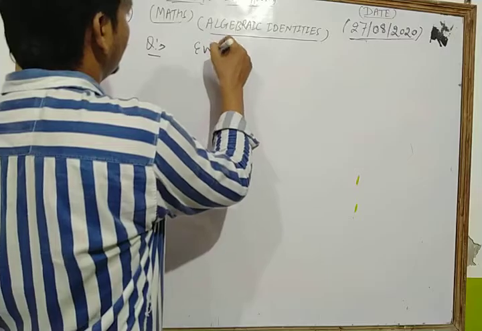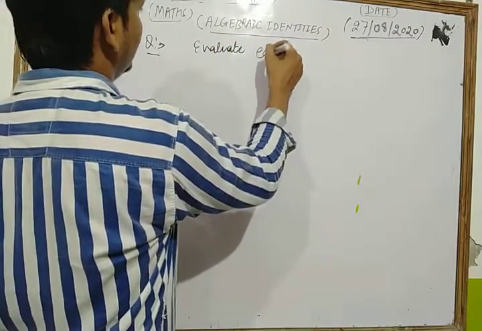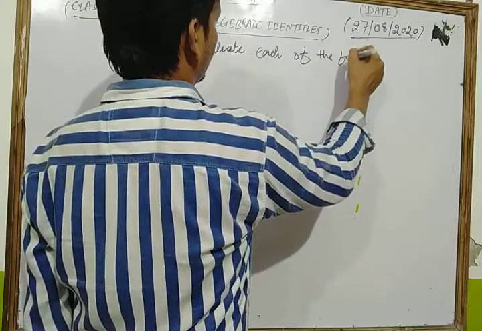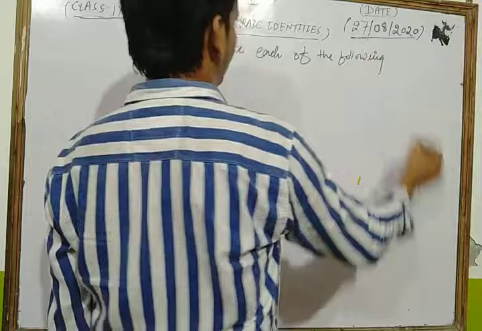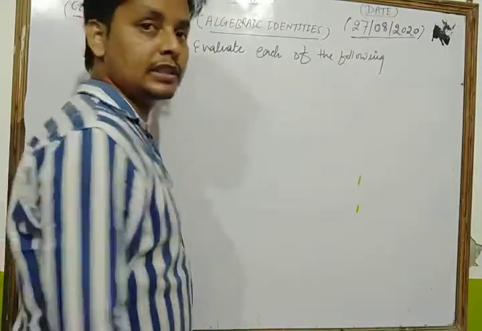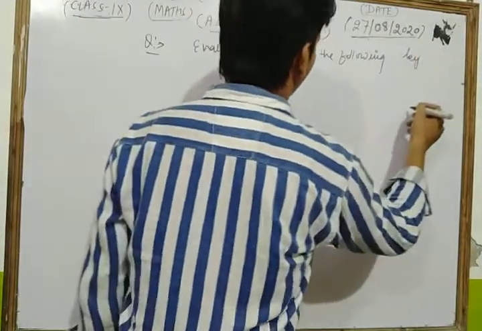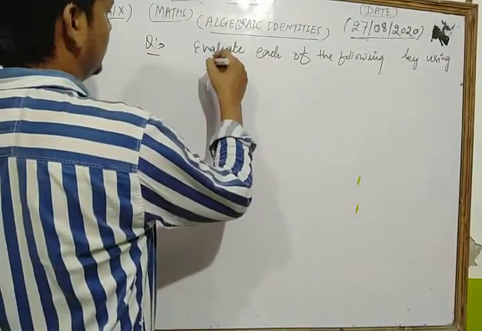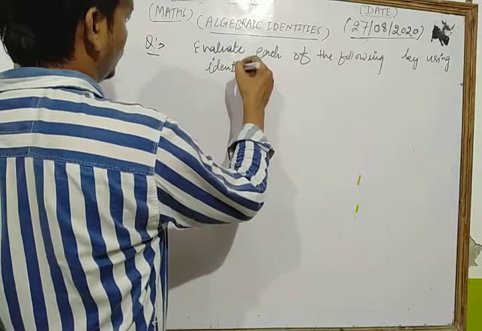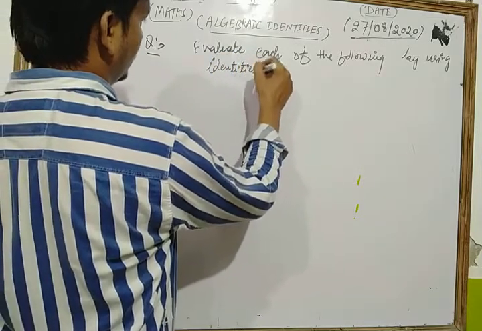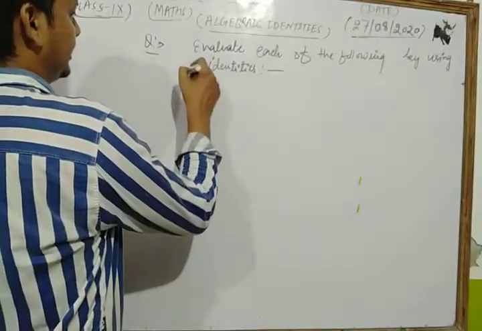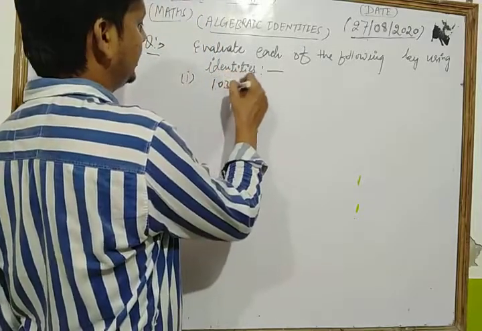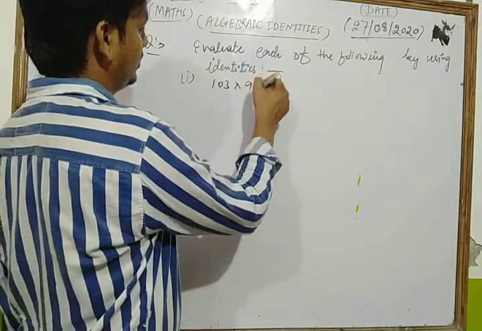The first part of this question is 103 into 97.